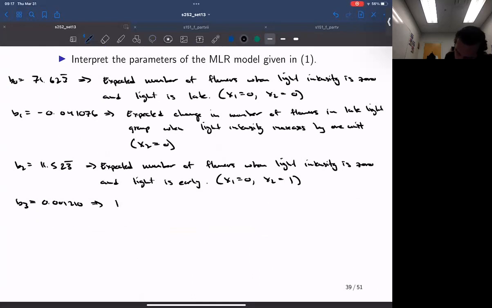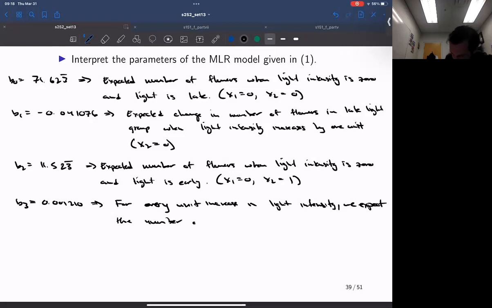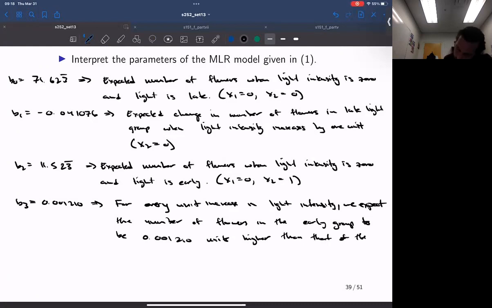Okay, so for every unit increase in light intensity, we expect the number of flowers in the early light group to be 0.001210 units higher than that of the late light group.